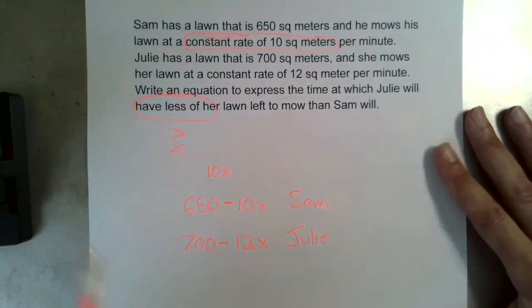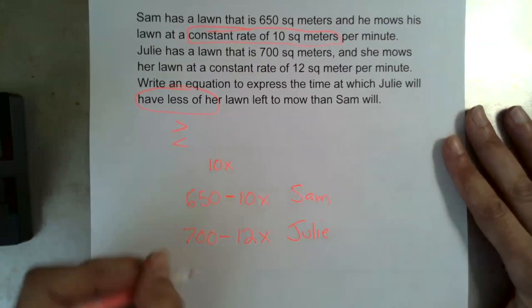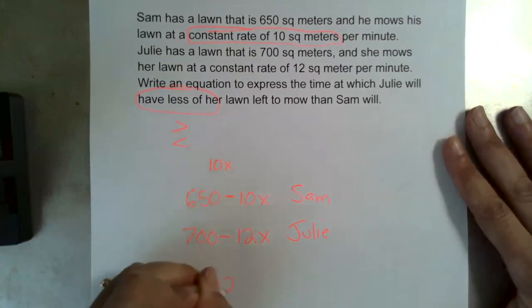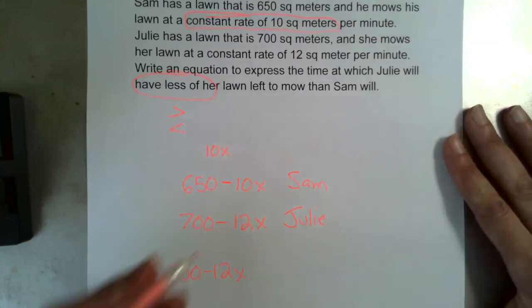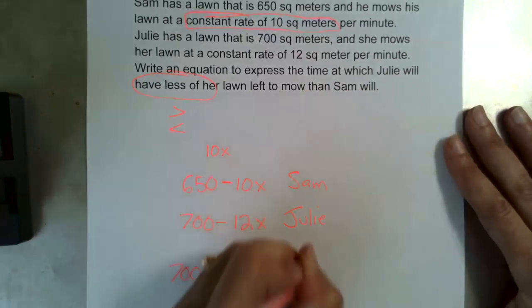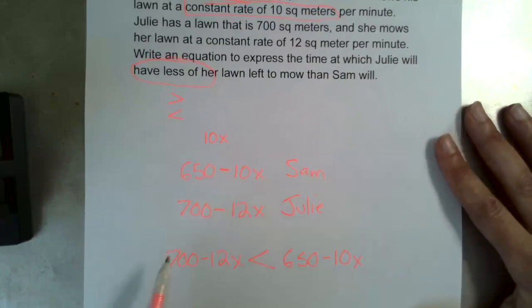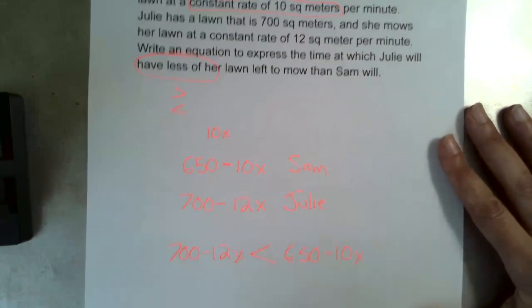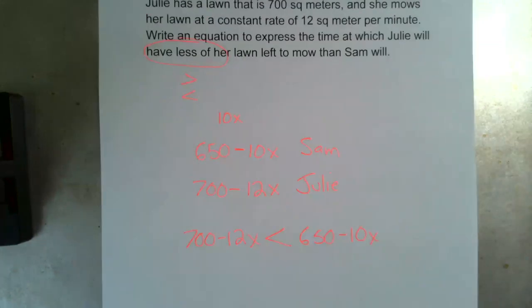And finally, I want to know when Julie will have less of her lawn left to mow than Sam will. So I'm saying I want to know when the amount Julie has to mow is less than the amount Sam has to mow. All right, and now we have an inequality.